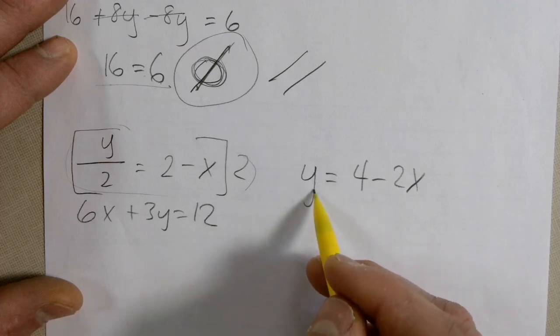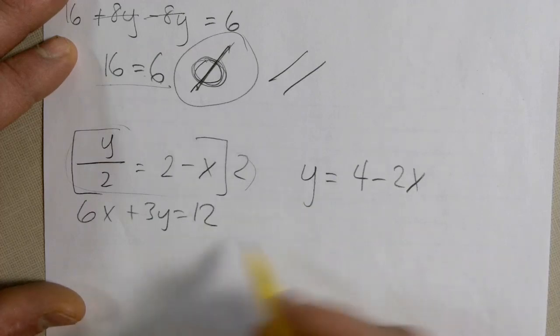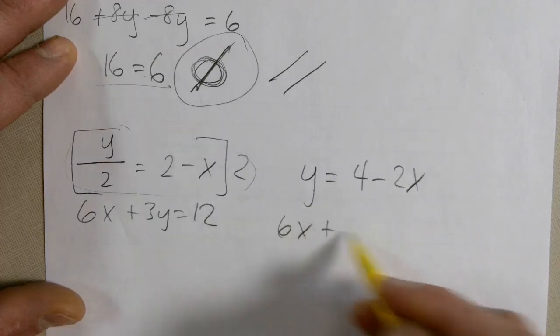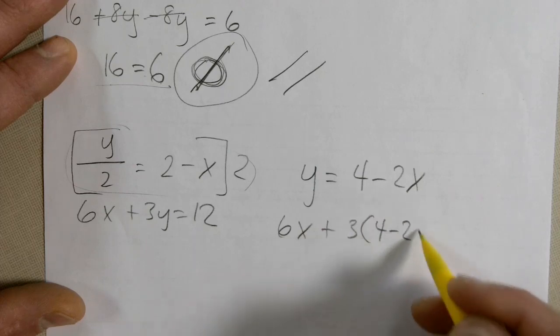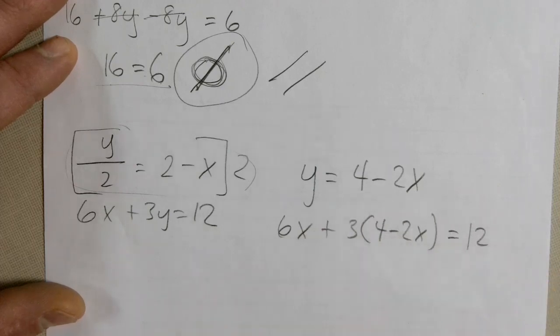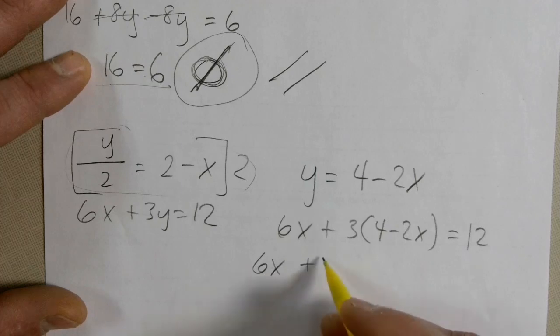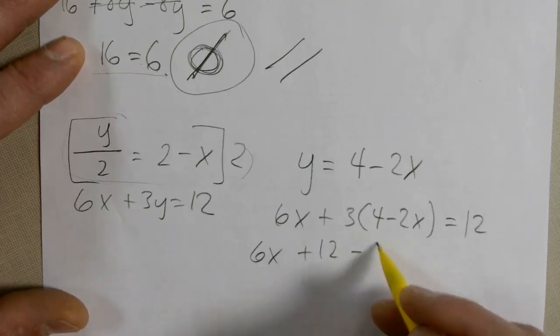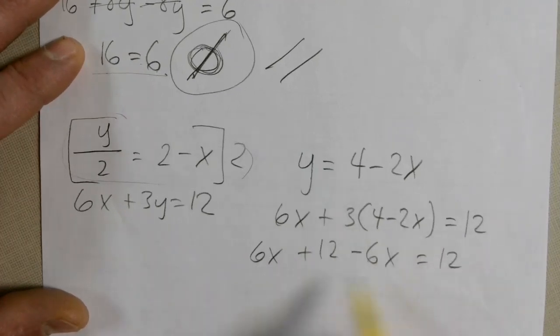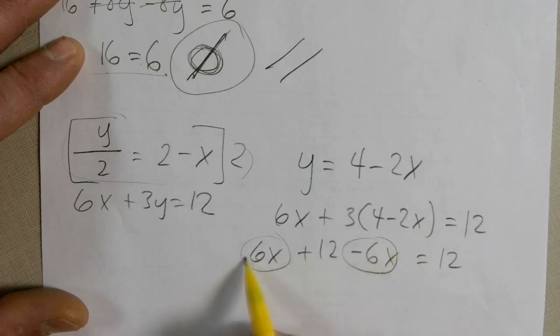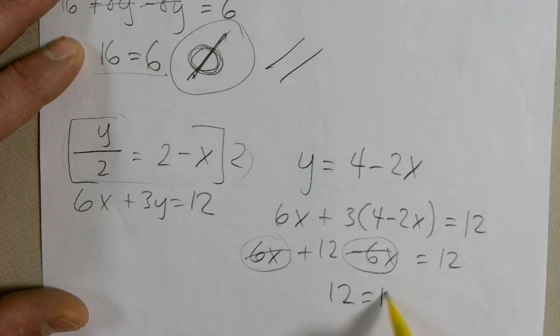Now, we already have y isolated, so let's plug it in. 6x plus 3 times (4 minus 2x) is equal to 12. 6x plus 12 minus 6x equals 12. Combine like terms, 6x and minus 6x is 0, and we're left with 12 equals 12.